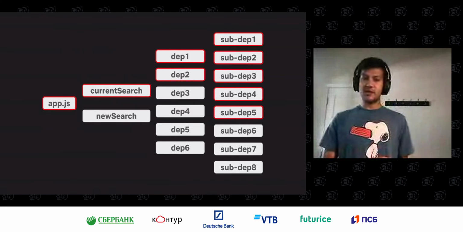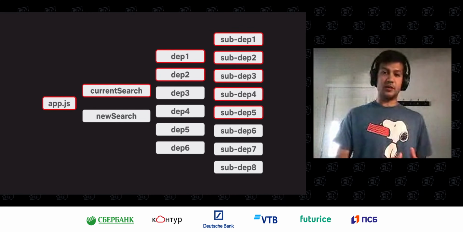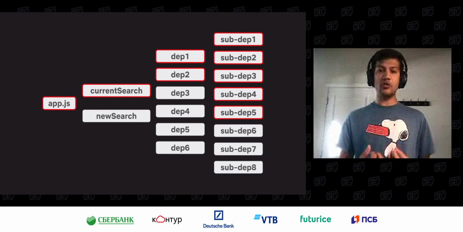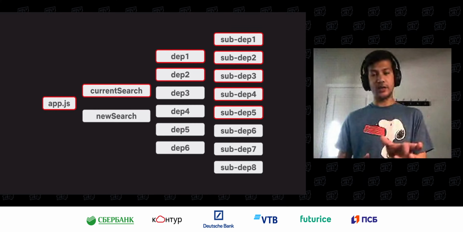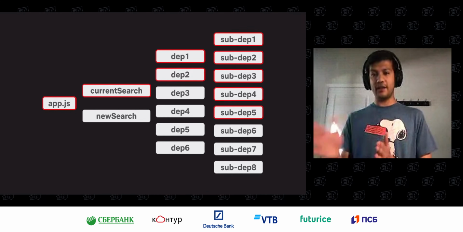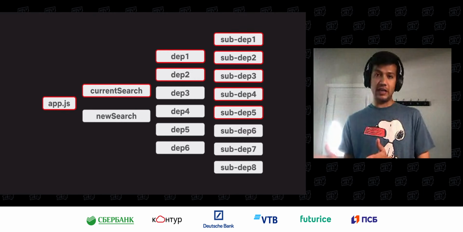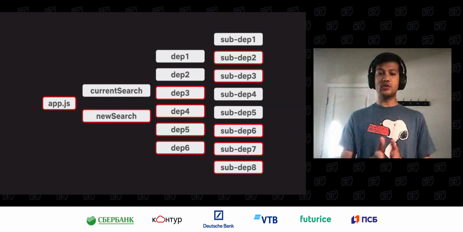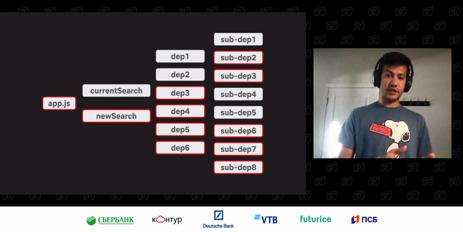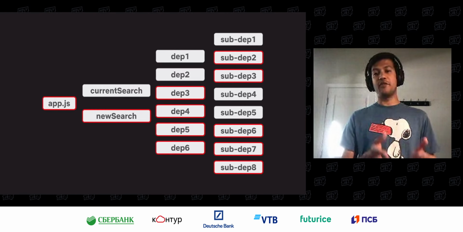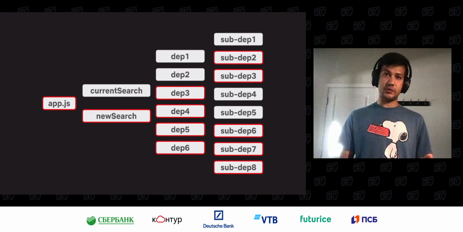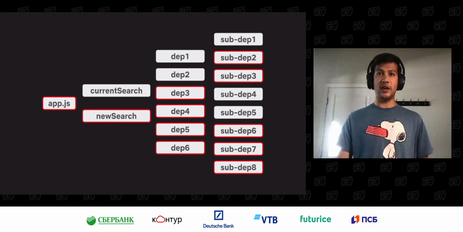And so what happens is if a subscriber gets the current search experience, that means we have to ensure that app.js, the current search component, and its dependencies are actually available in the bundle. And likewise, if the user gets the new search experience, right, then we need to ensure that the dependencies and the sub-dependencies for the new search experience actually exist in the bundle, right?